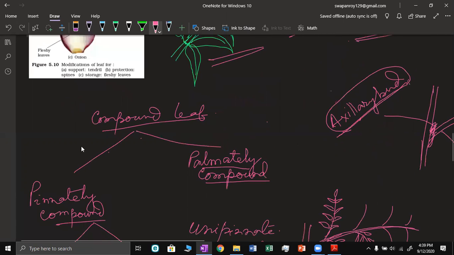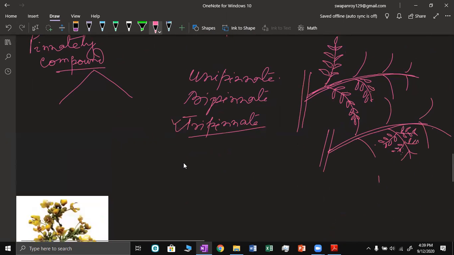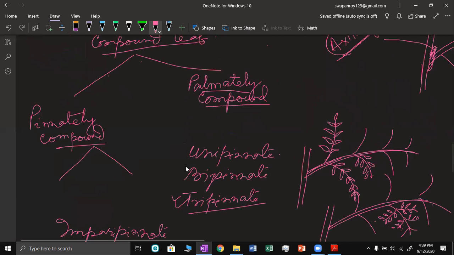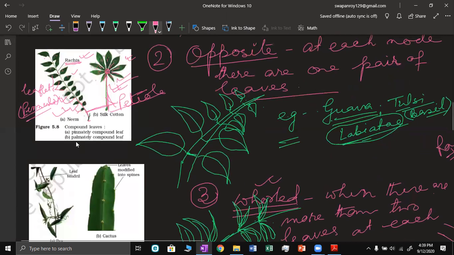Sometimes pinnately compound leaves are also divided as imparipinnate and paripinnate. This depends on whether these leaflets are there and at the tip there is one. Here the total number of leaflets will be odd, not even.